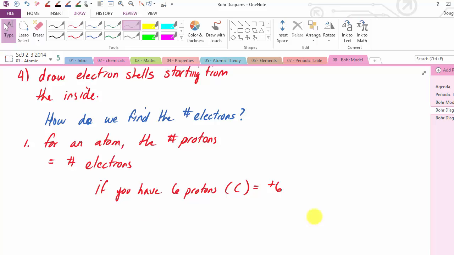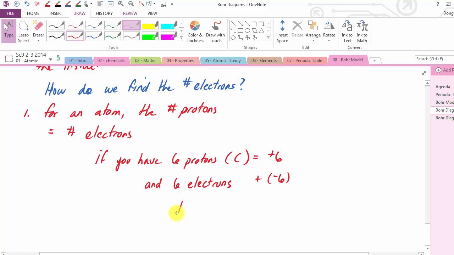If you have 6 protons and 6 electrons, you get a total charge equal to 0. Positive 6 plus negative 6 is 0. That's where we say it's neutral.